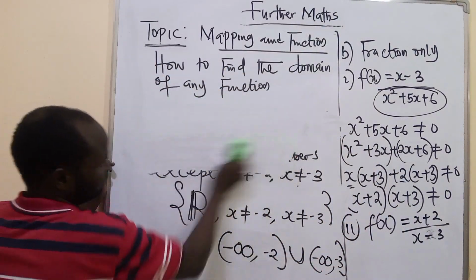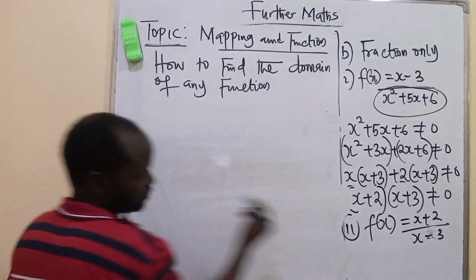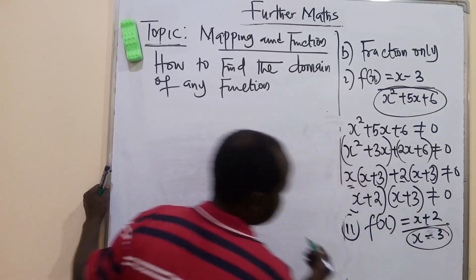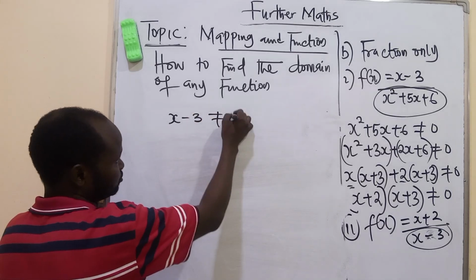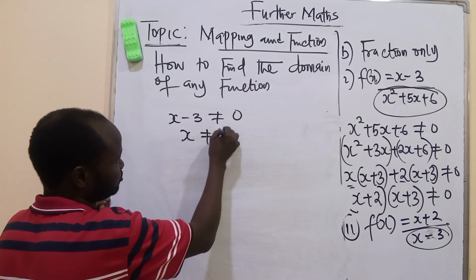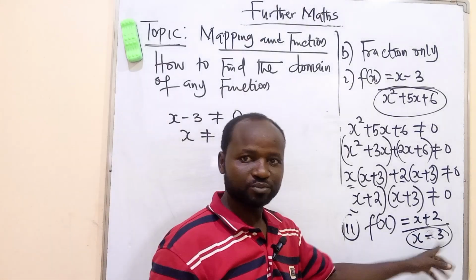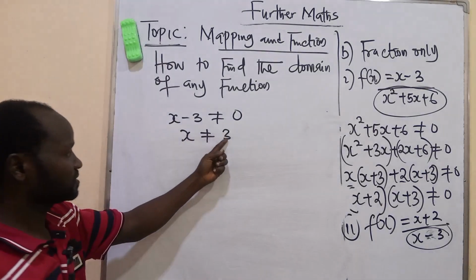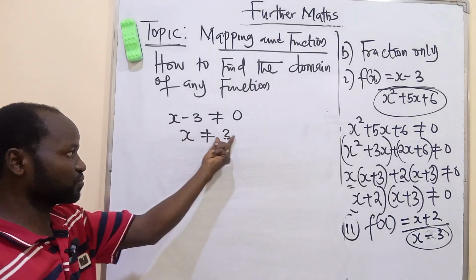To state the domain, just pick what is in the denominator, which is x minus 3. x minus 3 must not be equal to 0. x now must not be equal to 3. So the domain of this function will be all real numbers except 3. x cannot be equal to 3.